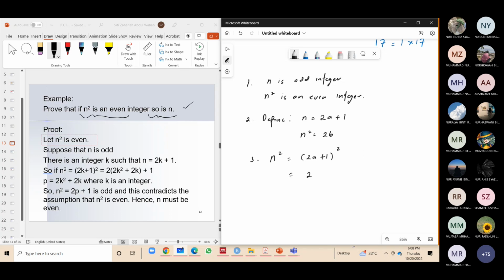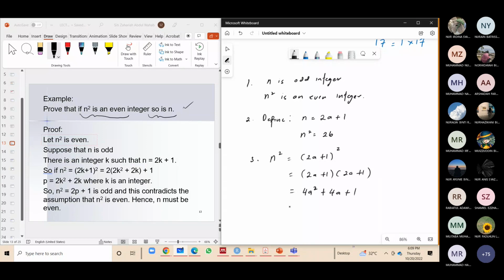Expand the bracket: 2a plus 1 times 2a plus 1 will be 4a square plus 4a plus 1. I hope you know how to expand this.